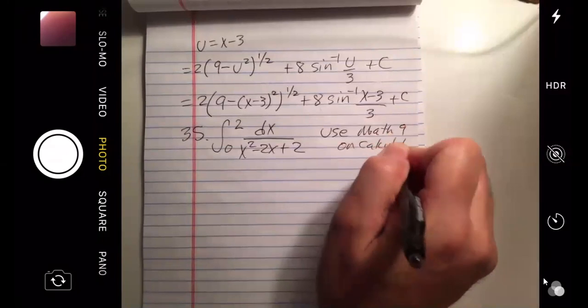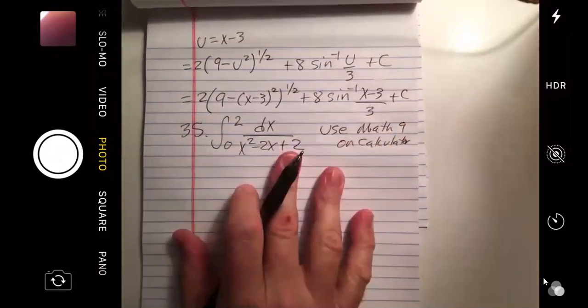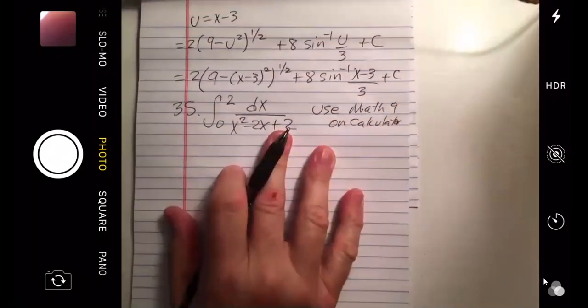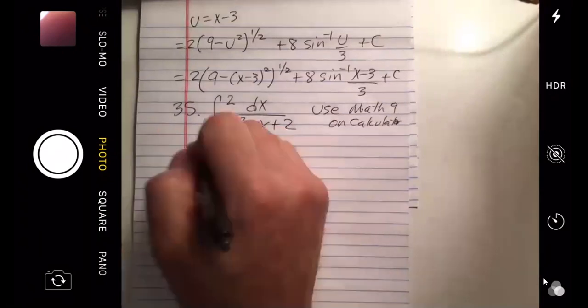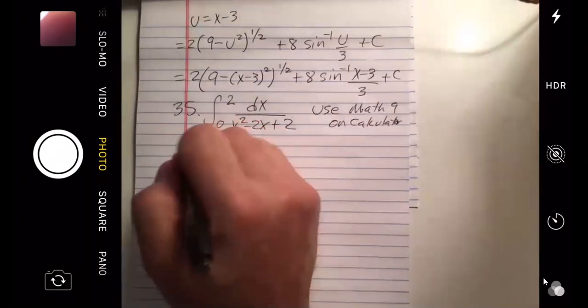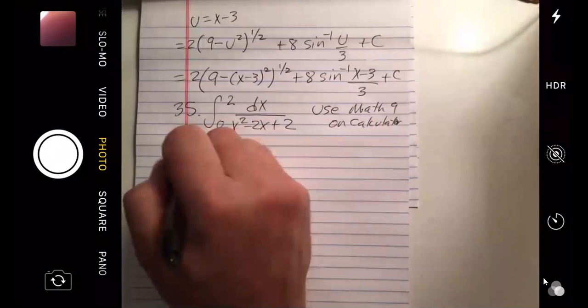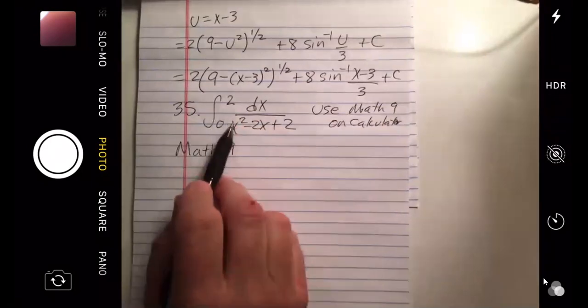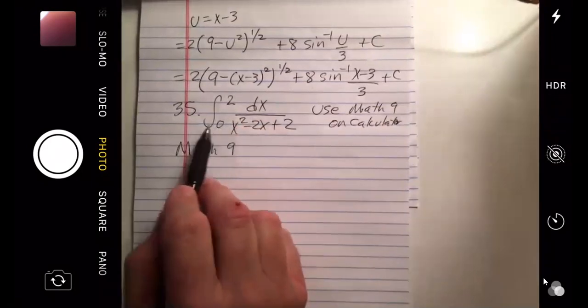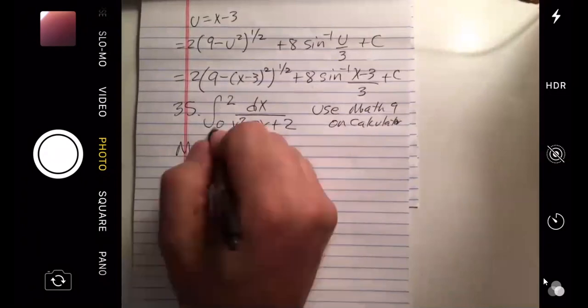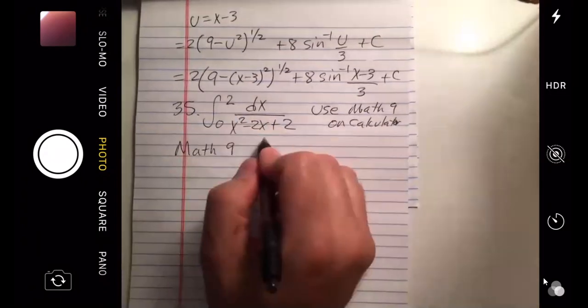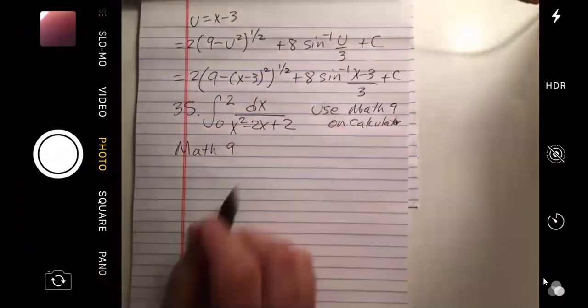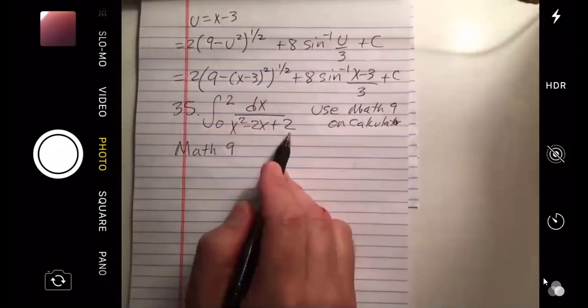I'm not going to show you how to work it out by hand. I'll write out what you get when you hit Math 9. Now you may have the interface that looks exactly like this. All you've got to do is fill in the pieces. It might give you a box here, a box there, a box for the formula, a box for the x. It'll look exactly like it's written on paper.